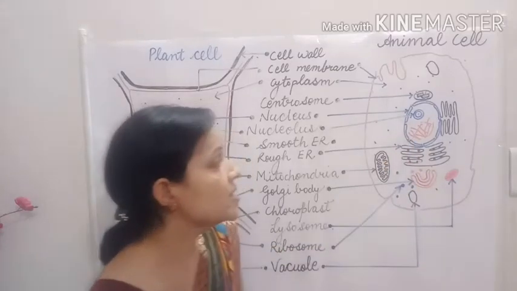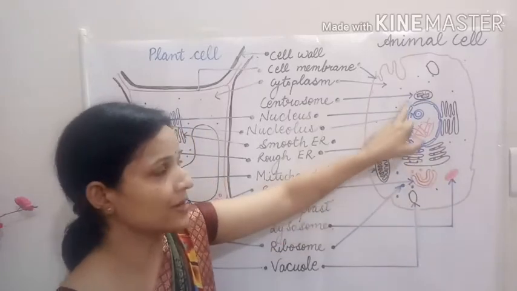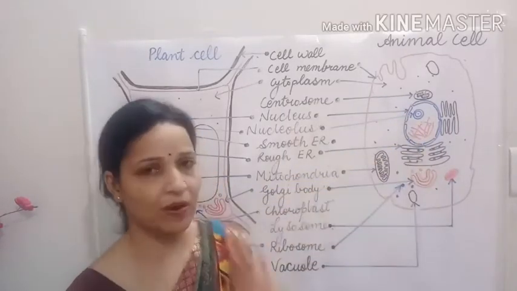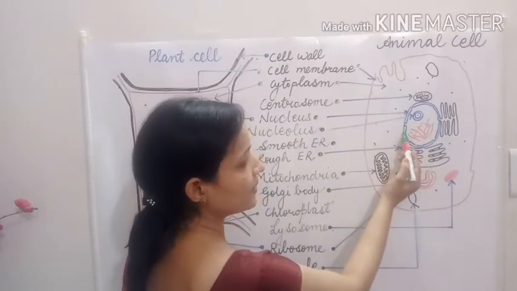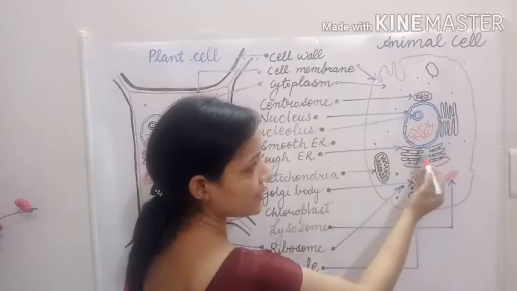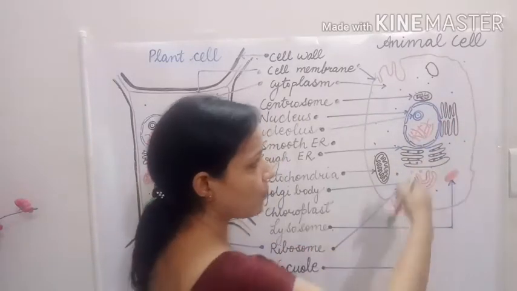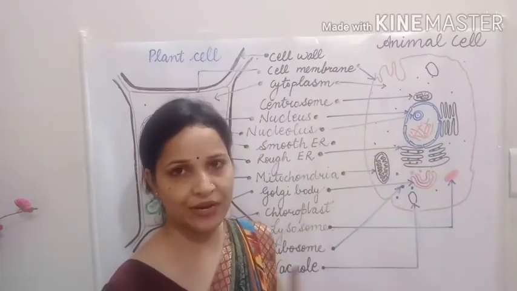This thin layer encloses the nucleus and separates it from the cytoplasm, and is known as the nuclear membrane.